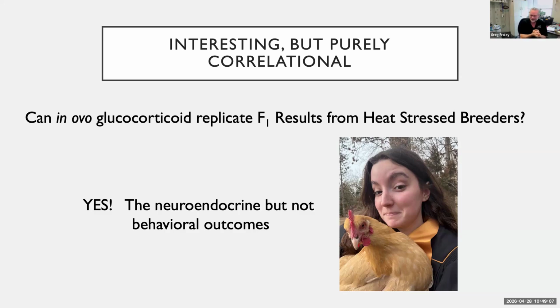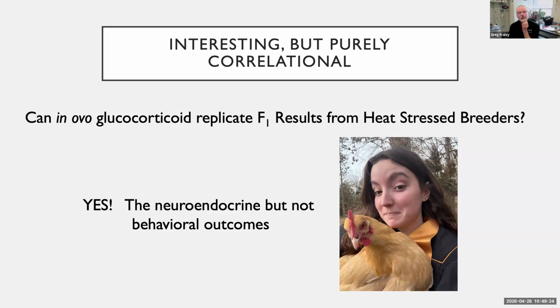What she did not replicate was the behavioral outcomes. So it's possible that this cort is inferring some epigenetic effects on the hormonal stress response, but not behavior. So that's really, really cool.